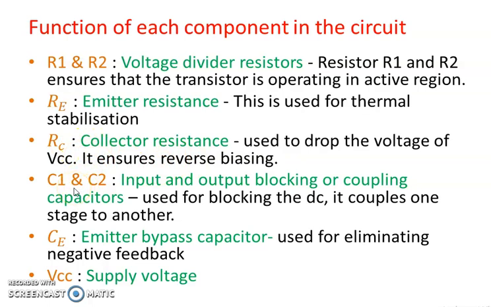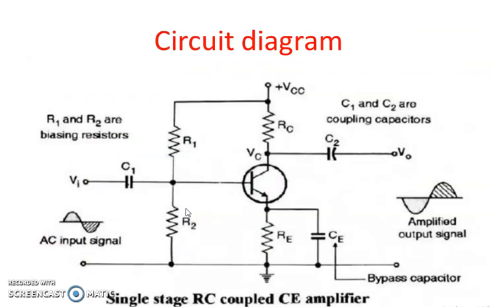Then C1 and C2. C1 and C2 are the input and output coupling capacitors, also known as blocking capacitors. C1 is the input coupling capacitor, C2 is the output coupling capacitor, and they act as blocking capacitors. That is, a capacitor can block DC and it passes AC. So from the input signal, only the AC signal will be passed by the input coupling capacitor, and the unwanted DC will be blocked.